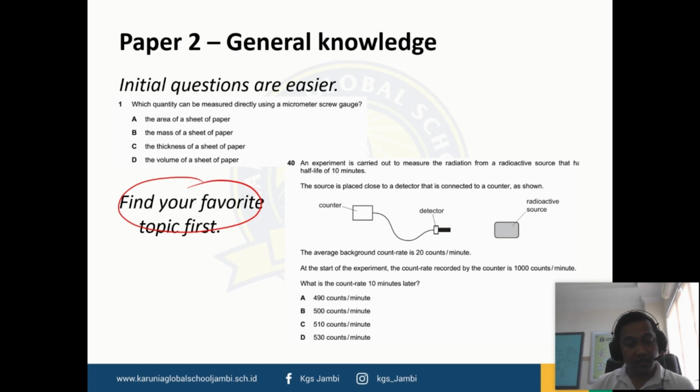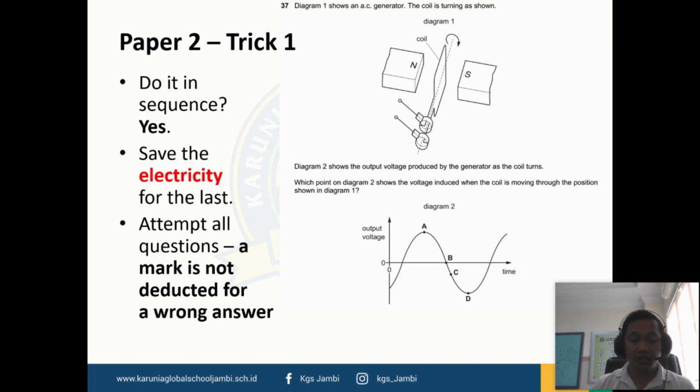If your favorite is electricity, open electricity. If your favorite is measurement, open measurement. If you love the equations of motion, then open the initial questions 1 to 20. If you love nuclear physics, then check the last questions around 37 to 40. So first find your favorite topic.